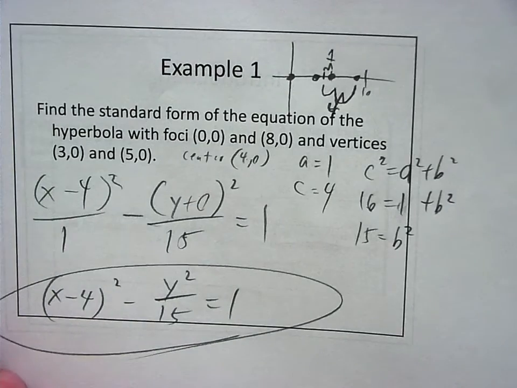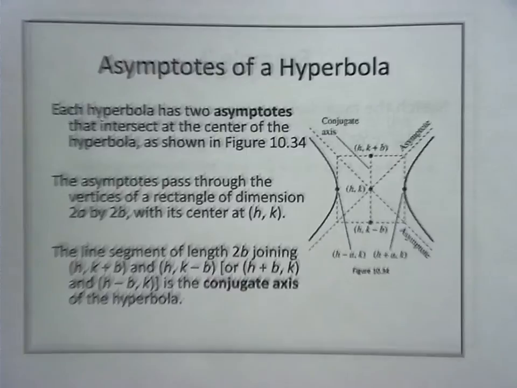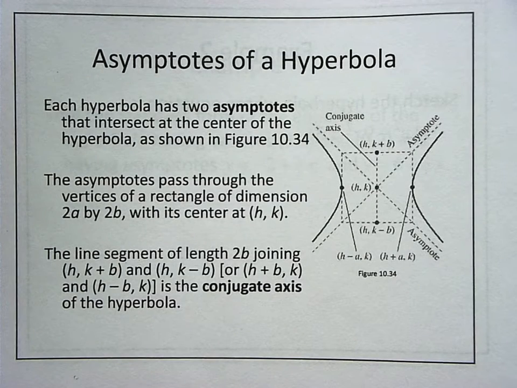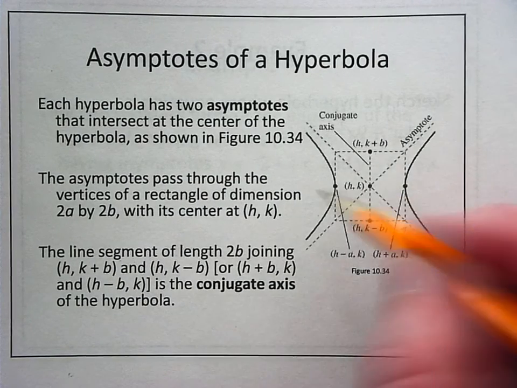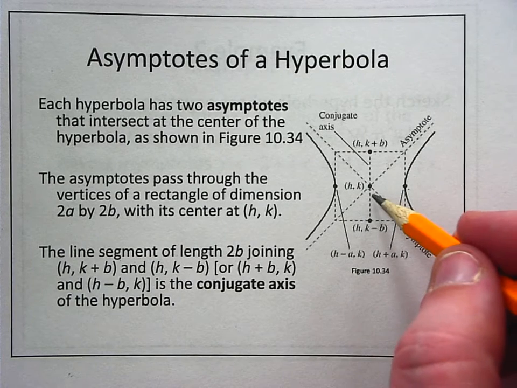Okay. Now with these, if I want to draw them though, I need to take the asymptotes into account. Now, the asymptotes will always follow the format of going from the center. It's going to go either horizontally or vertically based on where the vertex is.